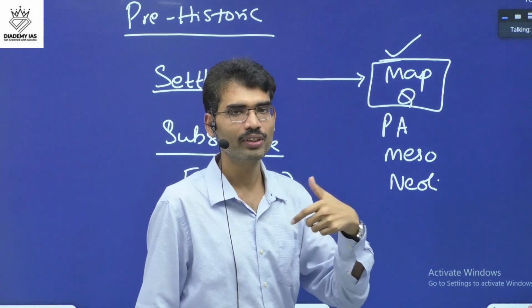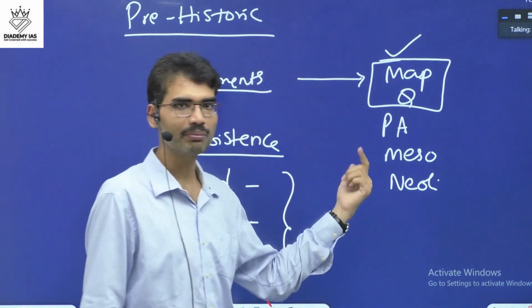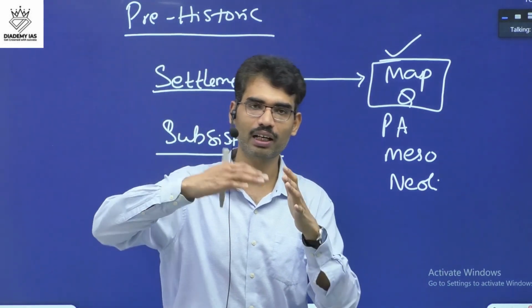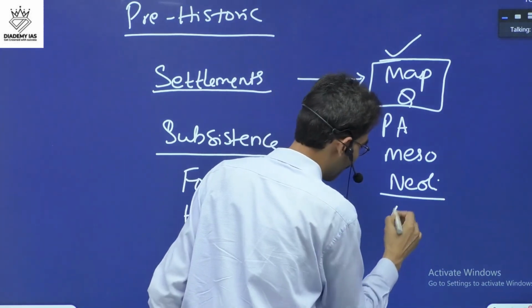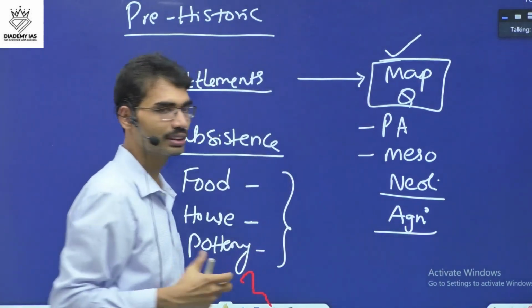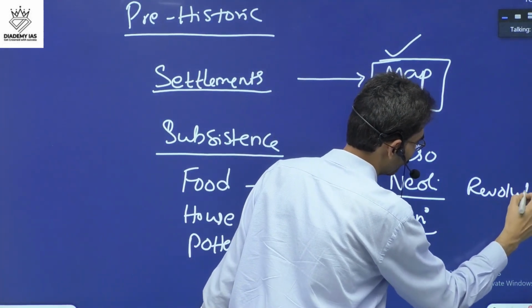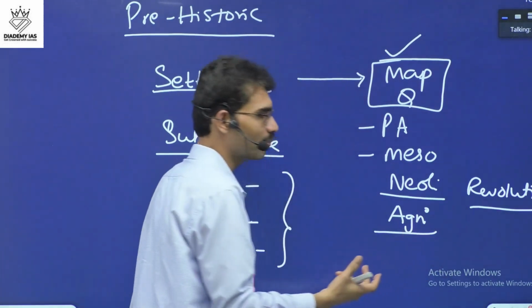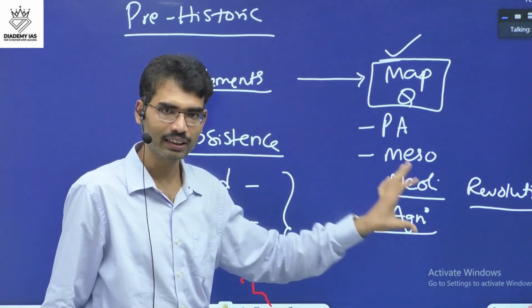A scholar called V. Gordon Childe told that in comparison with the Paleolithic and Mesolithic, in Neolithic completely revolutionary changes happened, because in Neolithic, agriculture emerged. In comparison with this phase and this phase, it is a revolutionary Neolithic revolution. And again, Neolithic revolution means settled settlements, agriculture.